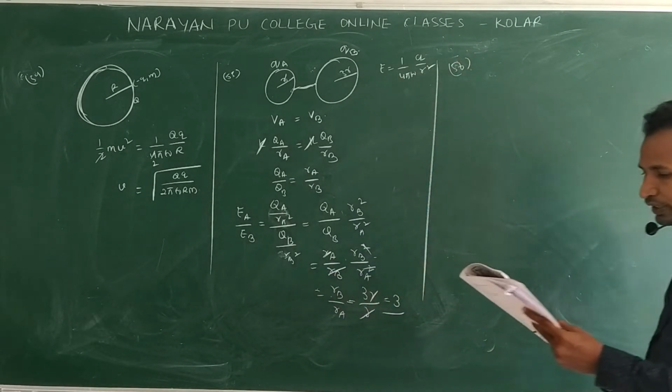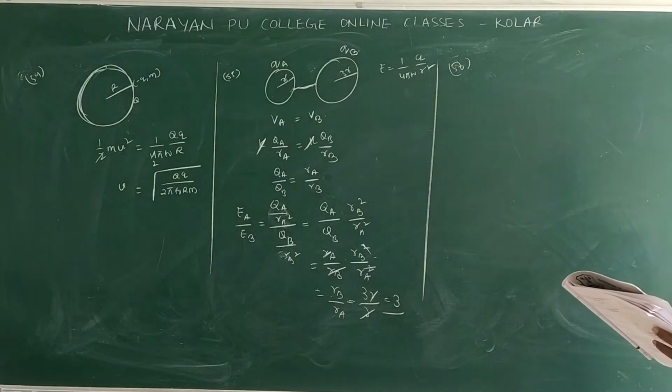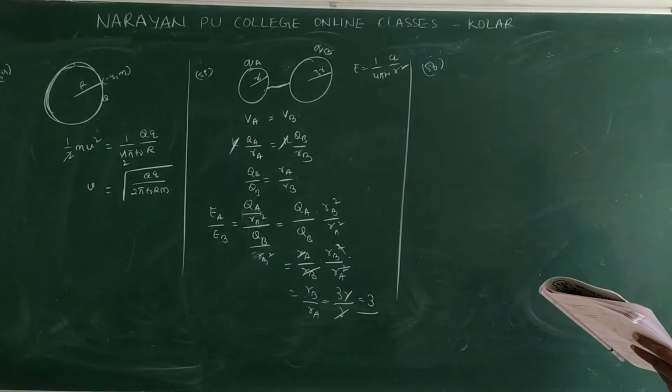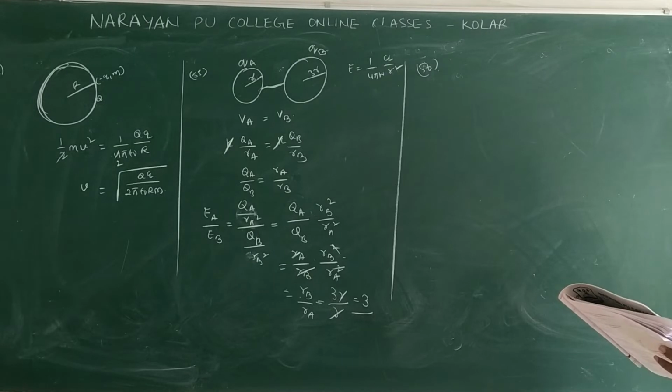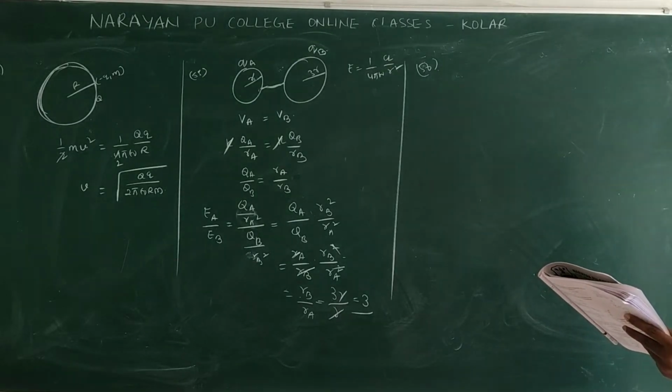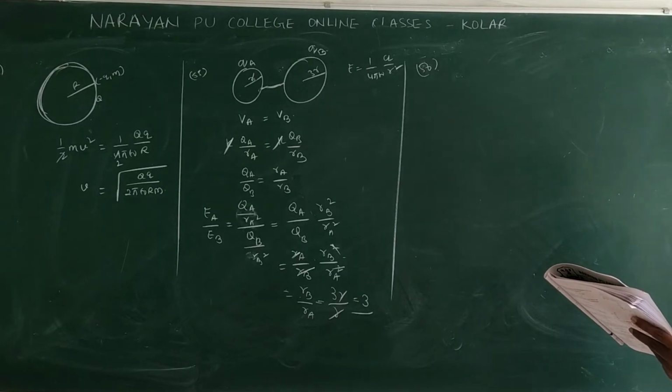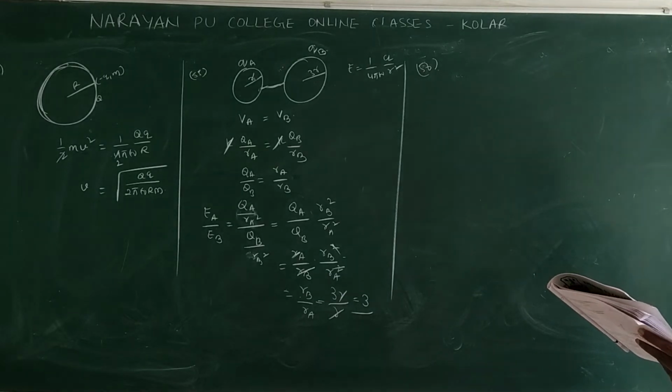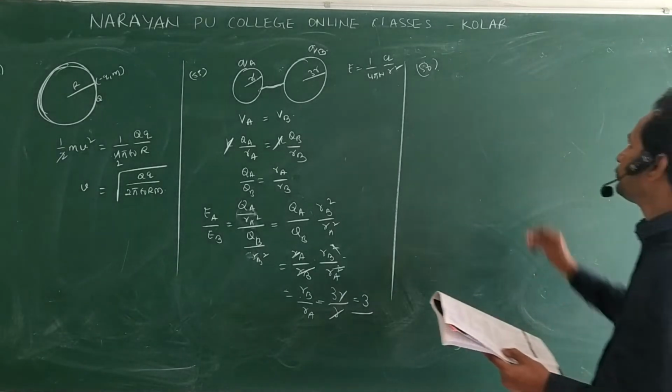Two concentric spherical conducting shells of radii 2r and 3r carrying a charge q and 2q respectively. Find the change in electric potential on the outer shell when both are connected by a conducting wire.